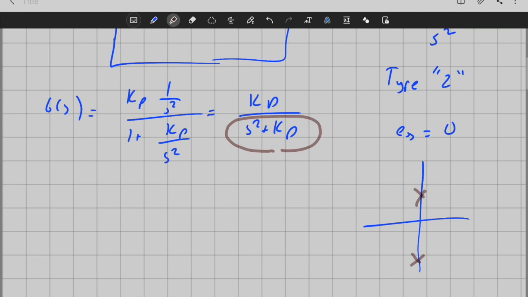So what you need to check is stability, to ensure the steady state performance of a system. If we are not stable, steady state performance is meaningless. If we compute Y of s and y of t of the system, we will see that y of t is equal to 1 minus cosine of square root of Kp times t, for t greater than 0, which means that I have a sinusoidal or cosine signal, so I never reach a steady state value.